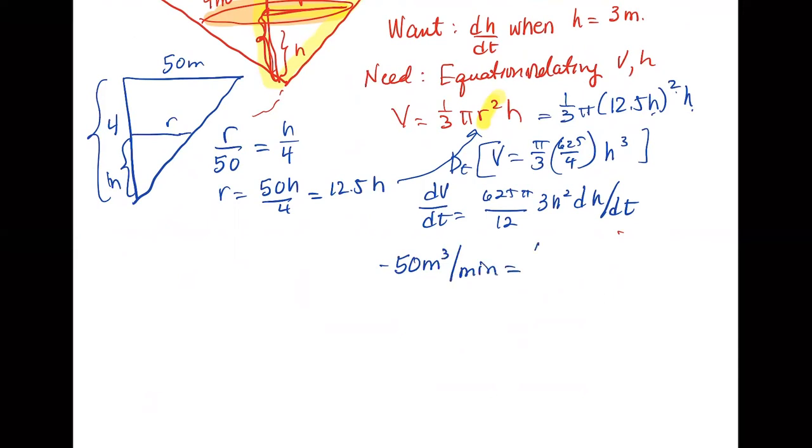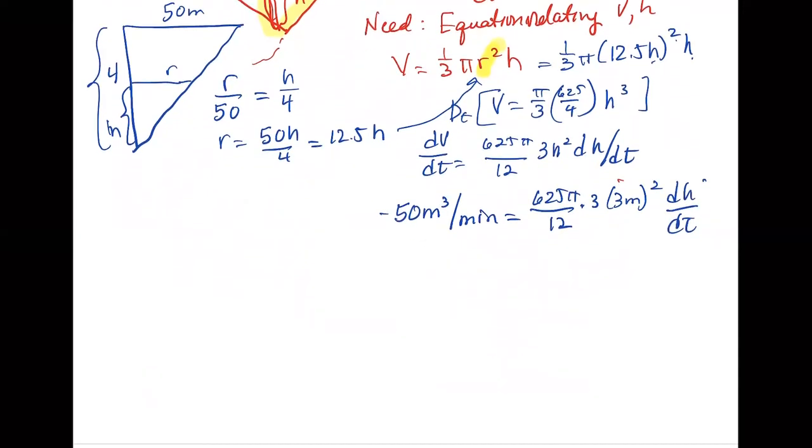We have that's equal to 625 pi over 12 times 3 h squared. Remember, h was 3 meters, so that will be 3 meters squared dh dt. So I end up with negative 50 meters cubed per minute times, okay, let's see.